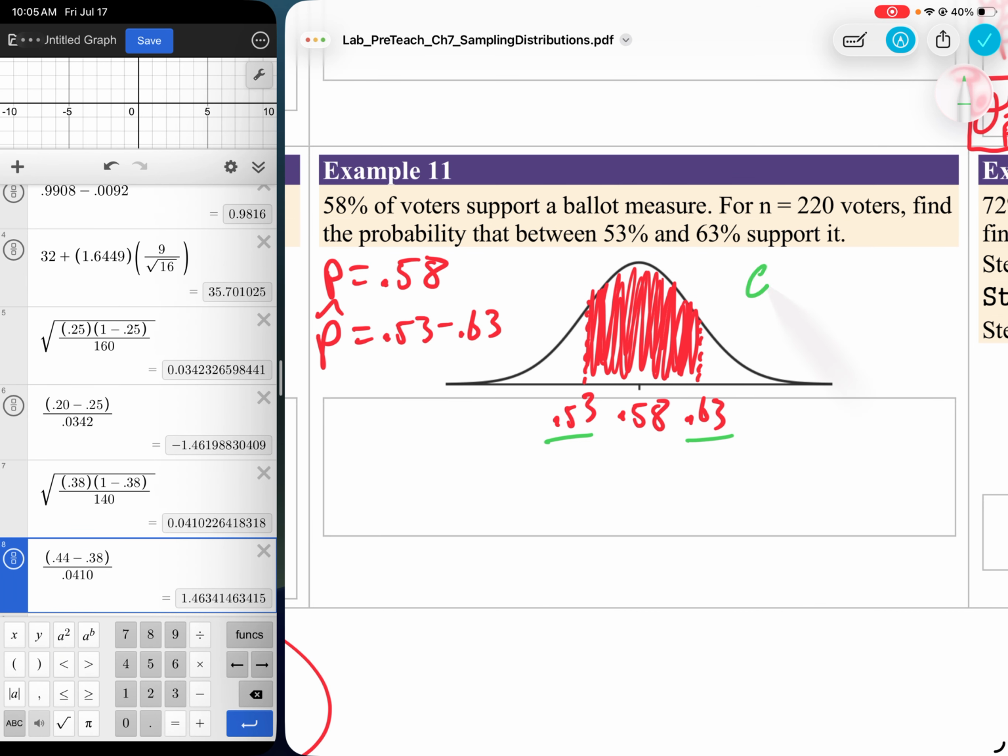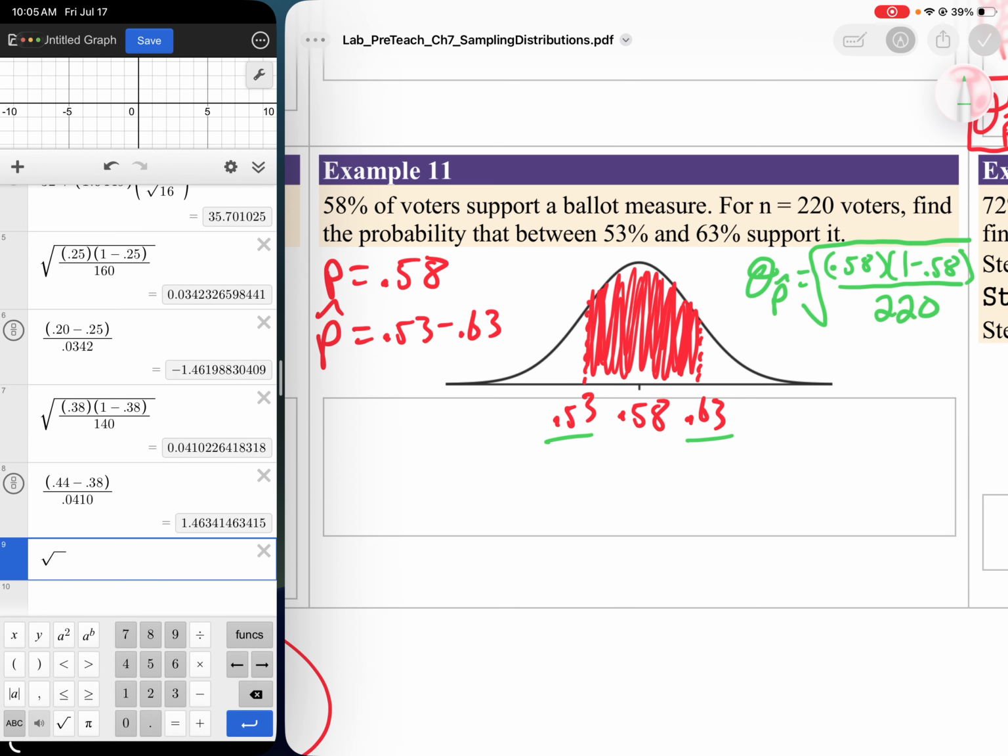To get the standard deviation for a population proportion, we're going to take the population proportion that we think is true of everyone, 0.58, times 1 minus the population proportion, divided by the sample size, and all of that is underneath the square root sign.